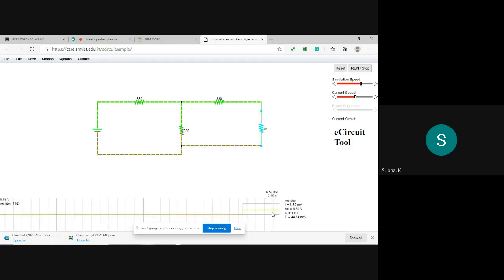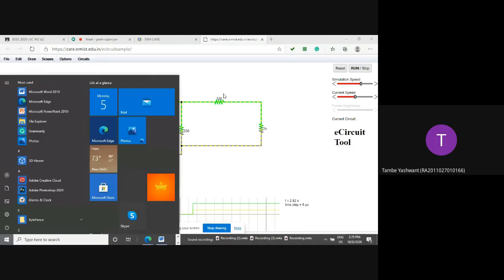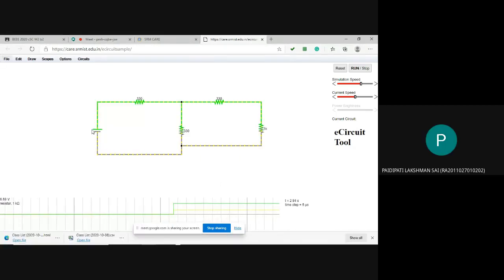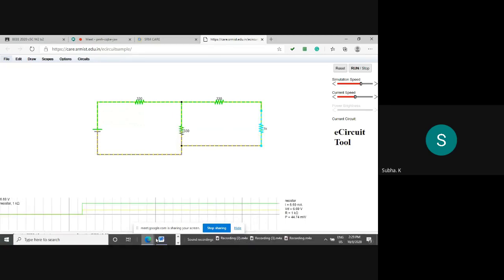These values are there, so you print screen and open a new document. Ma'am, what is the input voltage over here? 20 volt I have given. If you want, you can edit. So this you print screen with all the values on the bottom corner, and open a new Word document.